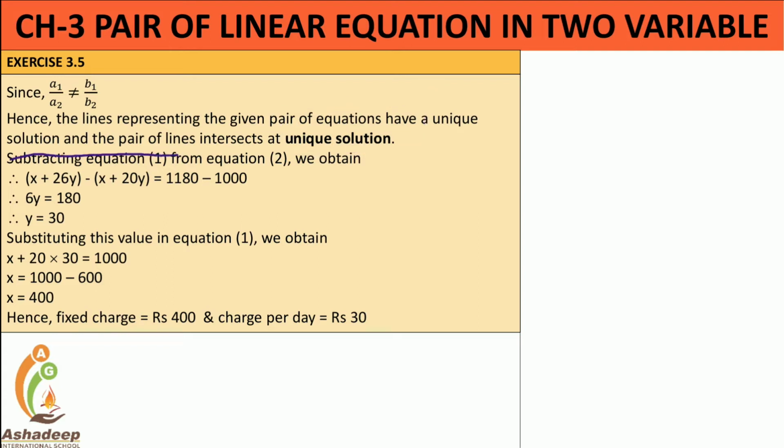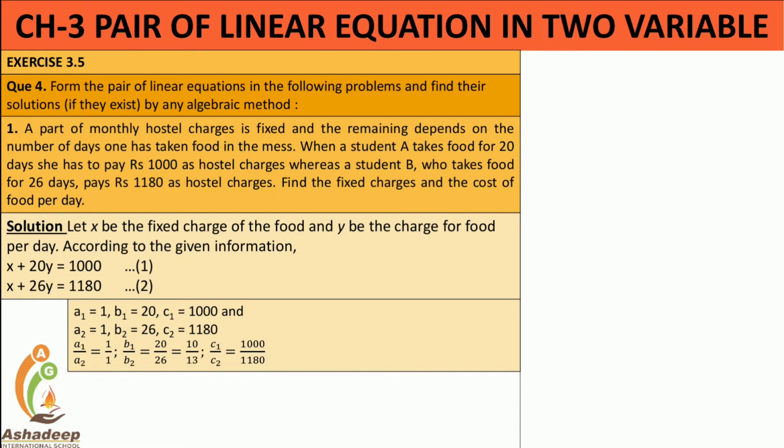Subtract equation number 1 from equation number 2. First of all, we need to write down equation number 2. So I write here X plus 26Y is equal to 1180.